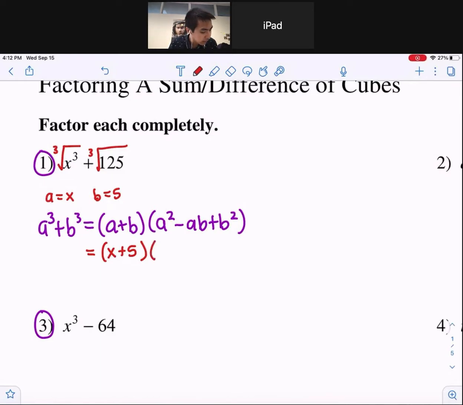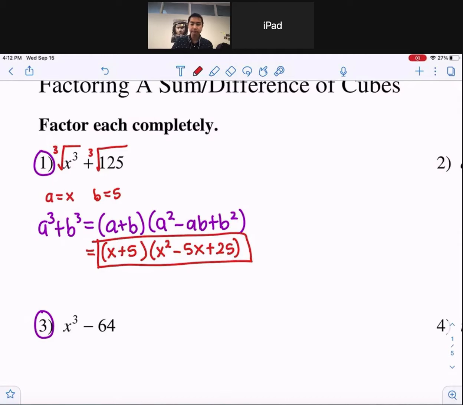A to the second is x to the second power. A times b is 5 times x, for 5x. And b squared is 5 raised to the second power, 25. And there's our factors.